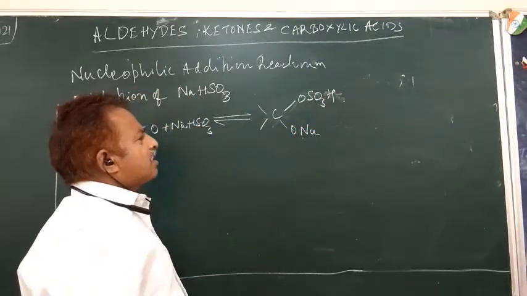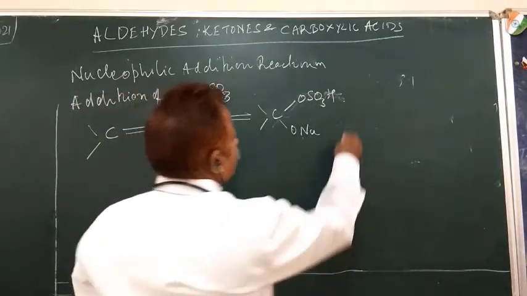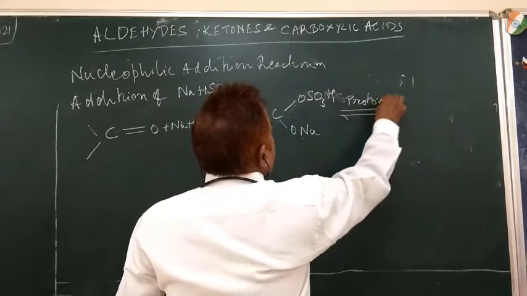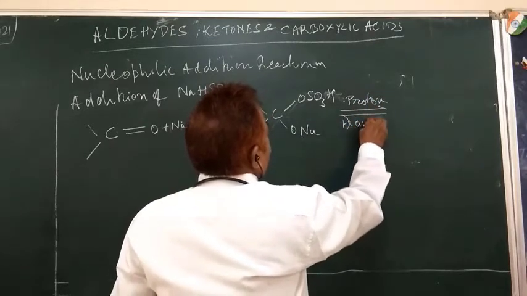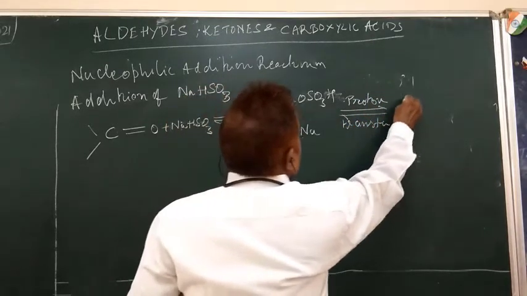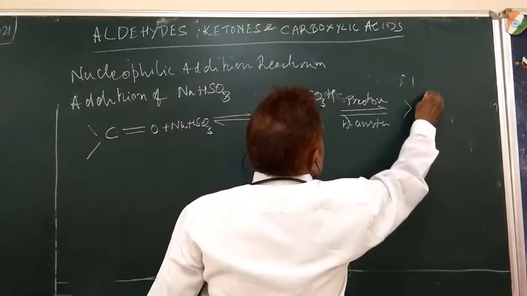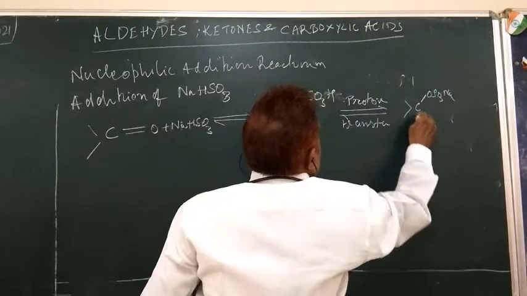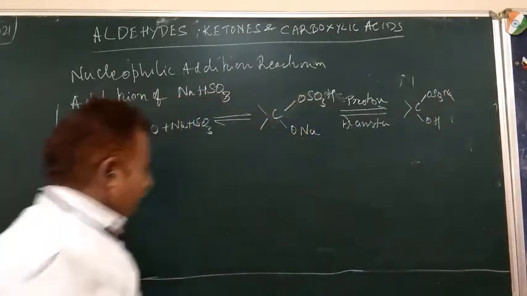This is referred to as sulfonic acid. So here proton transfer takes place, and therefore we get the product with OSO3Na and OH.